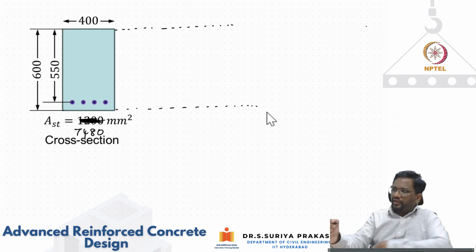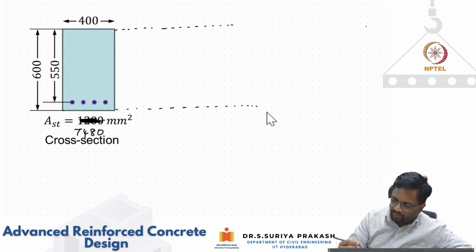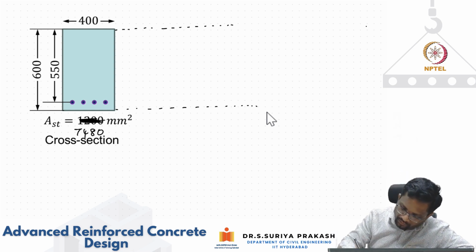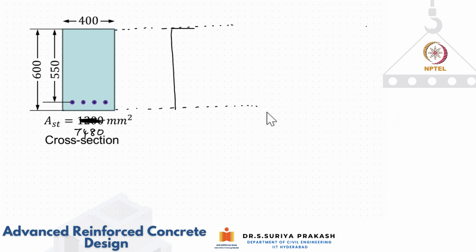The strain profile that I'm going to take: this is, let's say, epsilon t, and this I'm taking as 0.0035, the strain at the top. That is the first thing that we take. Now I am going to take the steel of 7480 mm square.